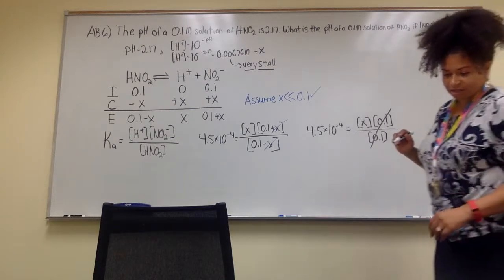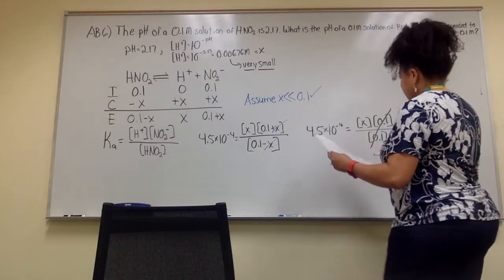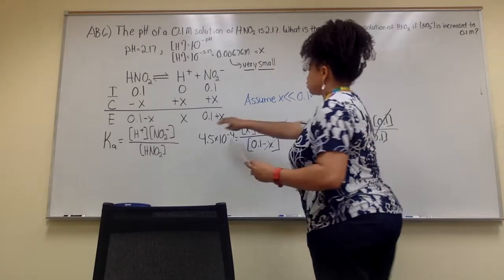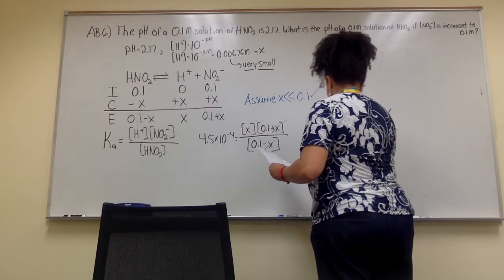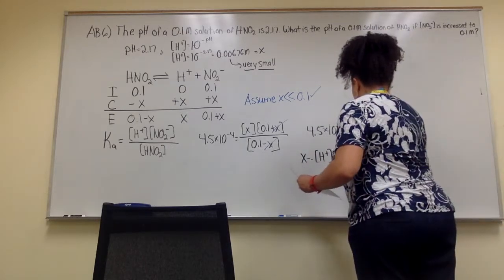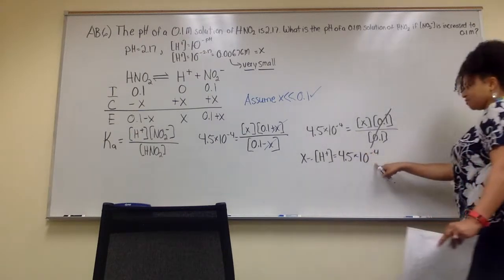And so then we say that x is equal to the proton concentration, which is H plus. X is equal to 4.5 times 10 to the minus 4, right?